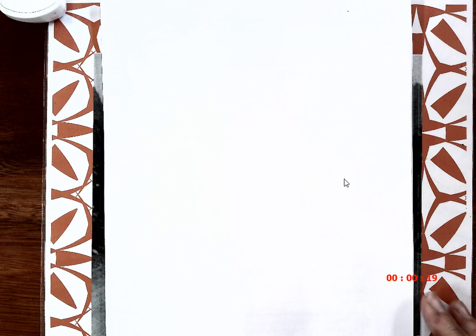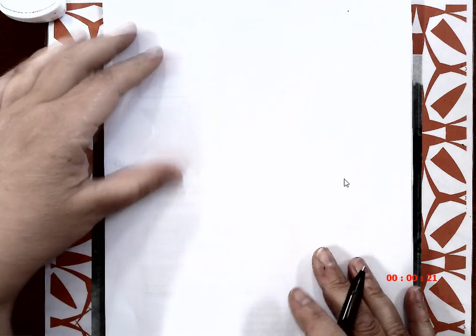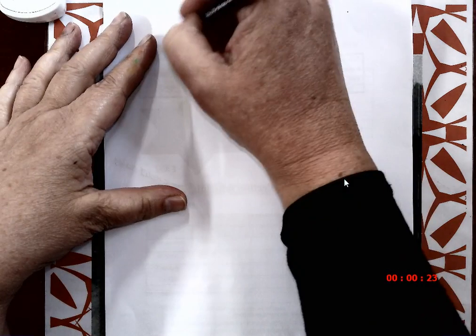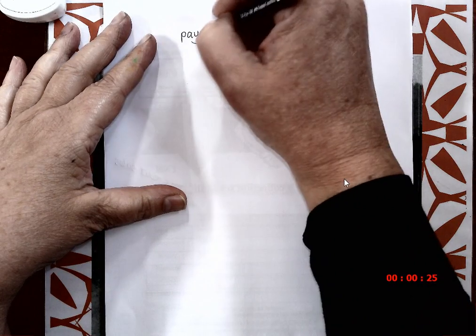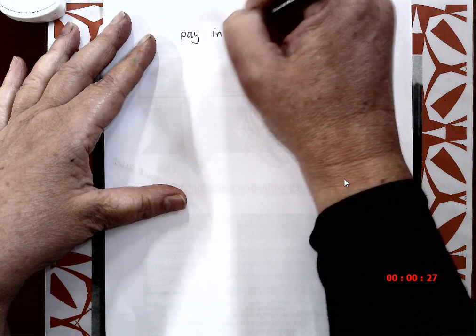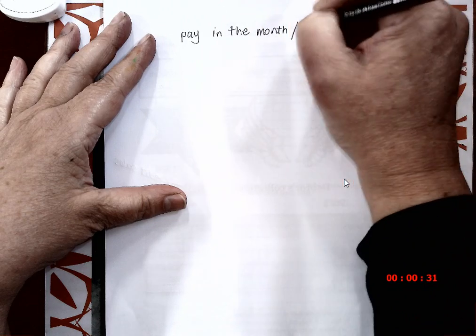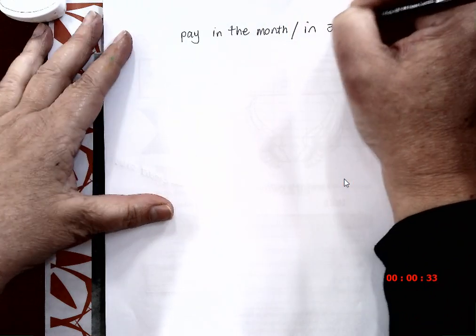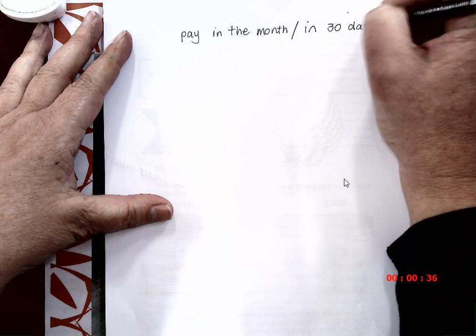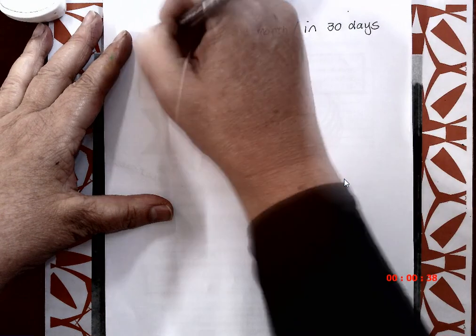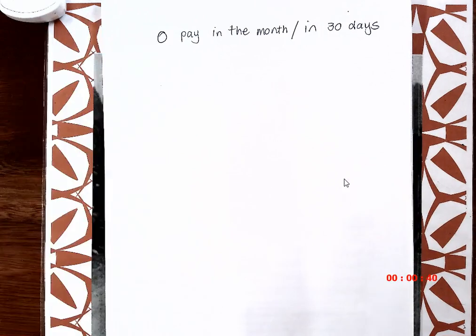The debtor is going to pay you as follows. They're going to say they pay in the month, or they will say in 30 days. So I give it a code of 0, because the month is still not done and then the guy pays me.